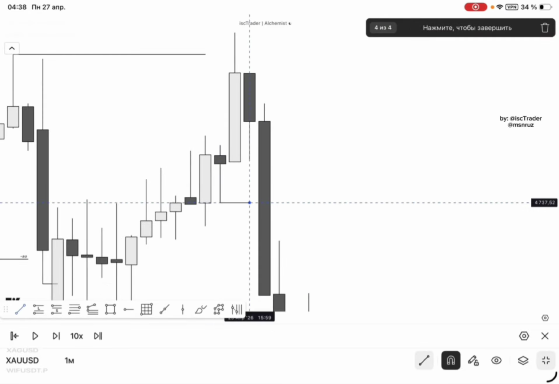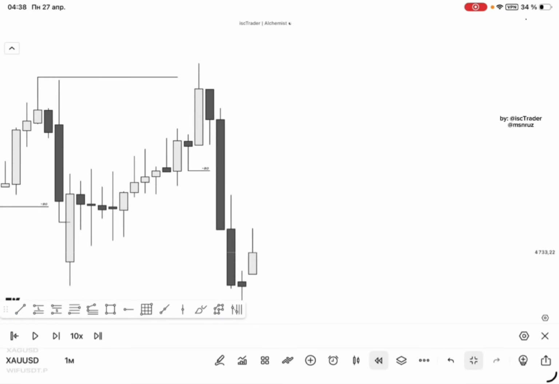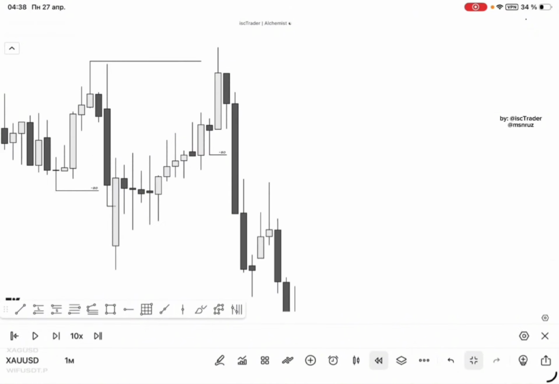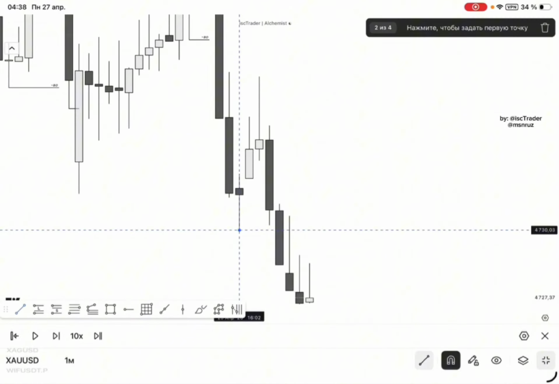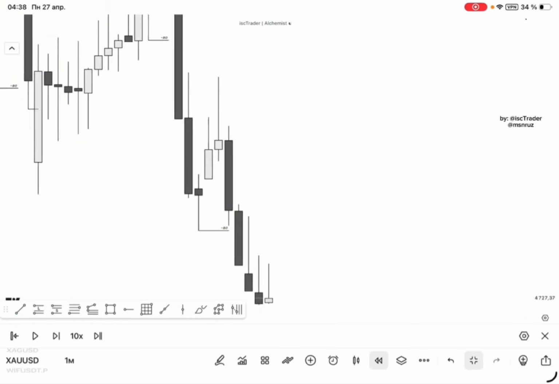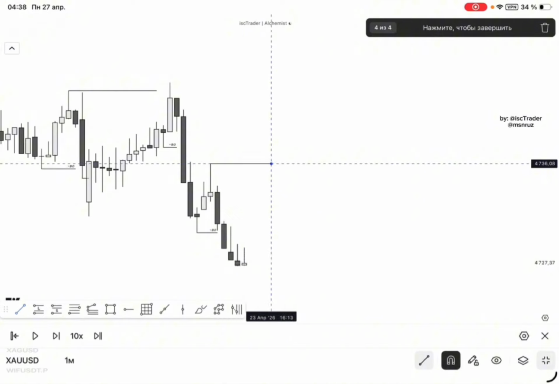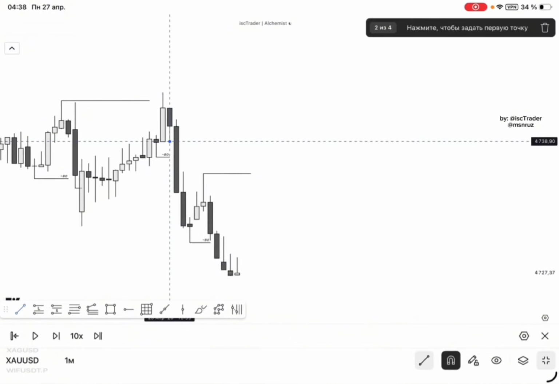Okay, breakout. And the second breakout. Inducement and a valid order block.